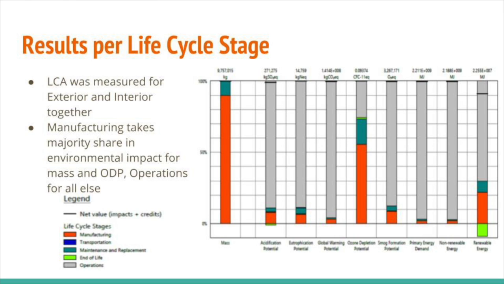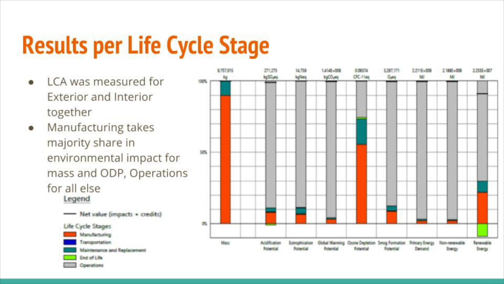Slide 13 discusses the level of environmental impact that each category holds over each stage of the life cycle. It shows in this graph that manufacturing takes the majority of the environmental impact for two categories, namely mass and ozone depletion potential, while operations reign supreme for all of the rest.